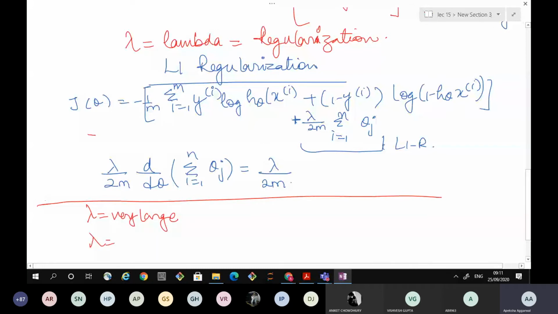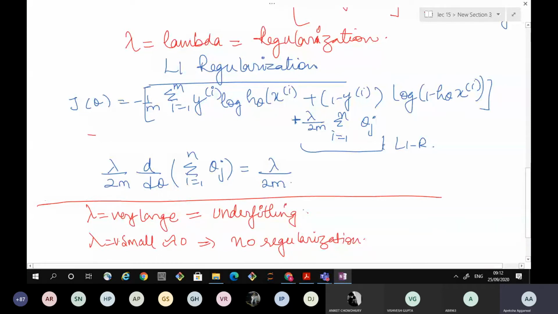If lambda is very small, approximately 0, that means no regularization, you are not doing regularization at all. And if lambda is extremely large, it makes all the parameters, all the features reduced to zero, and this would make the model underfit. So lambda should not be extremely large and it should not be zero. Zero means you are doing no regularization at all. So it should be somewhere in between.